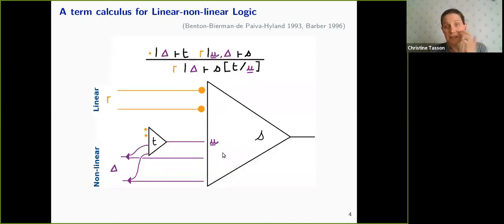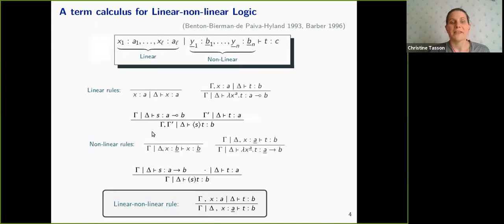So graphically, it's like this. When I substitute in S a nonlinear variable, I have to ensure that the term that will be substituted in U has no linear parameters. One important rule for the semantics is the last one here, which can be deduced from the two sets of rules.